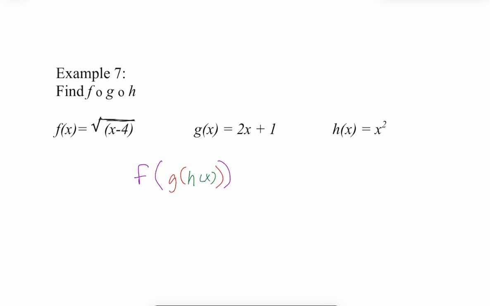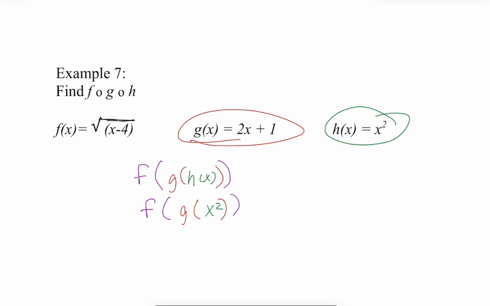Now, start yourself from the inside and work your way outward. So I am going to put h of x in its spot inside of the g. So that's where I'm going to put the x squared. Now I'm going to ignore that the f is there, and I'm going to input into the g my x squared. If I input into the g the x squared, I get 2x squared plus 1.